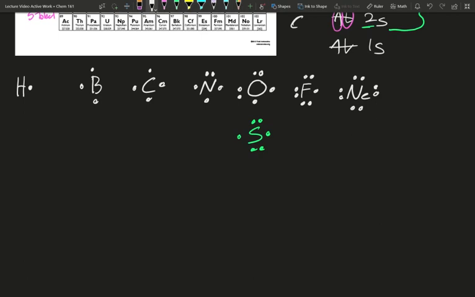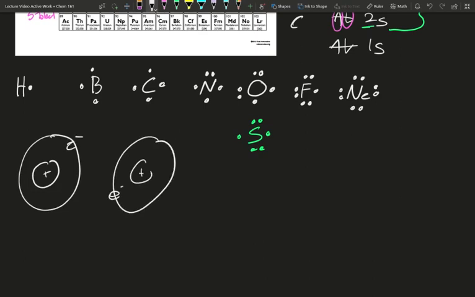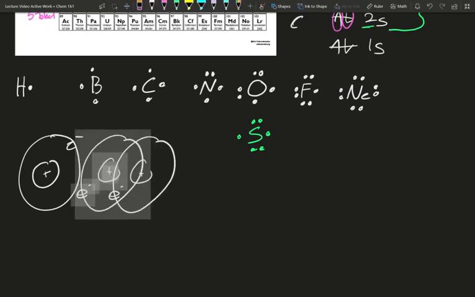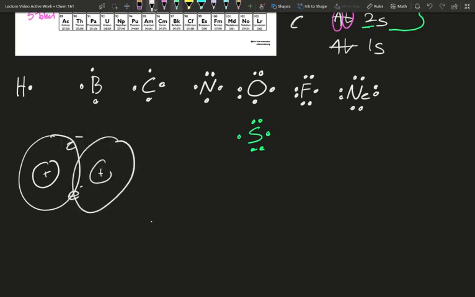So what do we do with these valence electrons? Well, the whole idea of a covalent bond is to say I have hydrogen over here with its electron. I have another hydrogen over here with its electron, and they can overlap. The opposite proton will be attracted to the opposite electron as well as its own, and so they pull towards the middle.